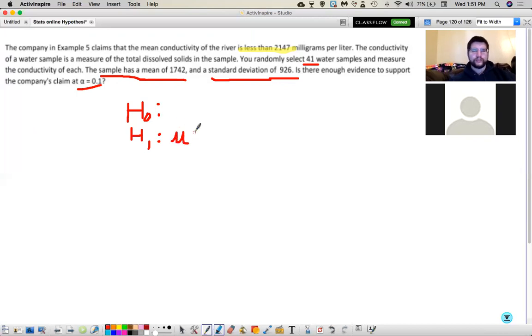So mu is less than 2147. For our null, it was greater than or equal to 2147. So that right there, our claim is in the alternative.